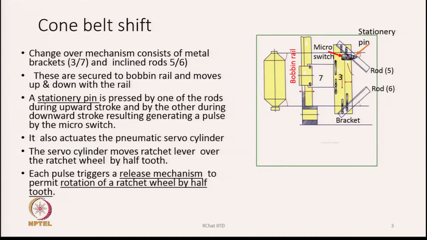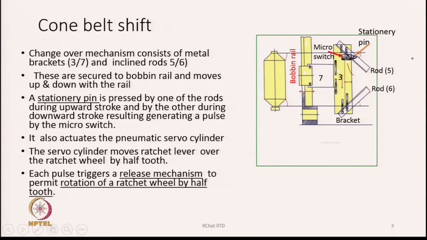We will see in the next diagram how, as a result of this pressing, the ratchet wheel is going to turn by half a tooth. Each pulse triggers a release mechanism to permit rotation of the ratchet wheel by half a tooth.